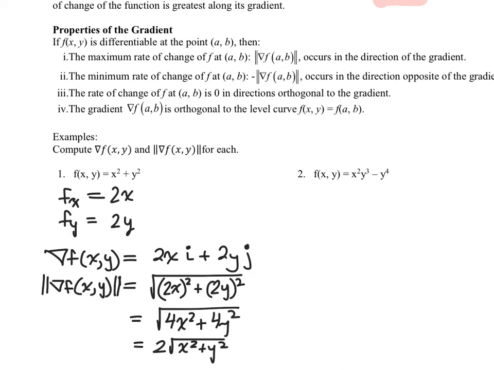The same idea comes into play for the second one, so we might as well just bang it out. You could just flip to the previous page and write down what we had for partial x and partial y, but it's easy enough to do. So 2xy cubed, 3x squared y squared minus 4y cubed.